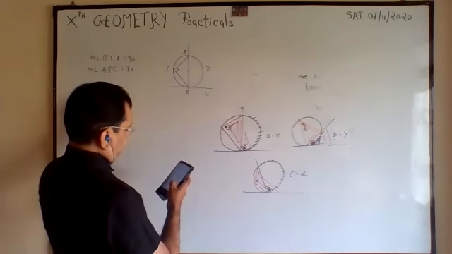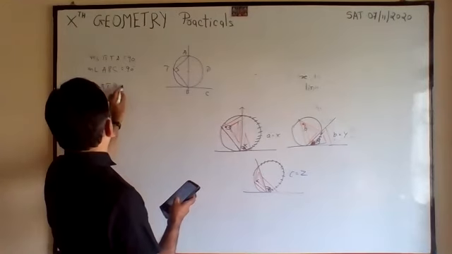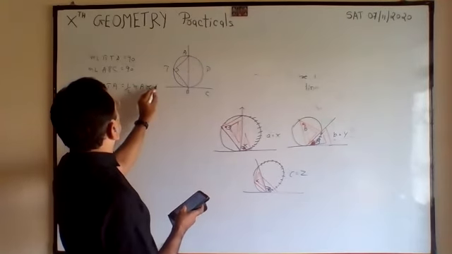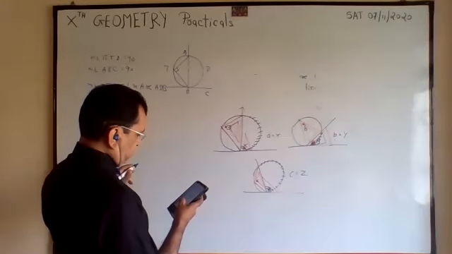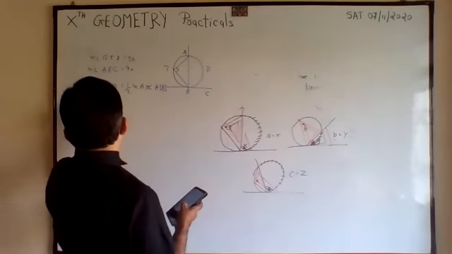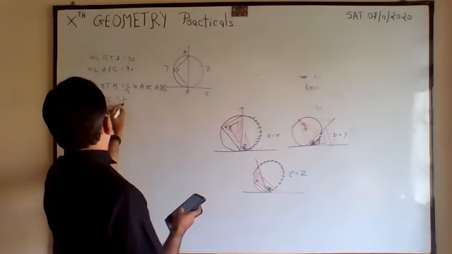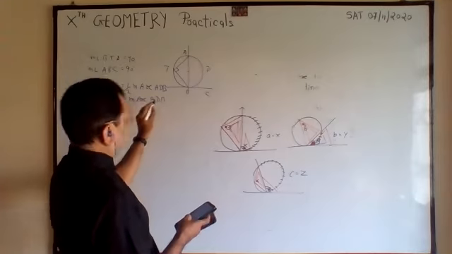Measure angle BTA is equal to half of measure arc ADB, you can write. And also measure angle ABC is half of measure arc ADB.